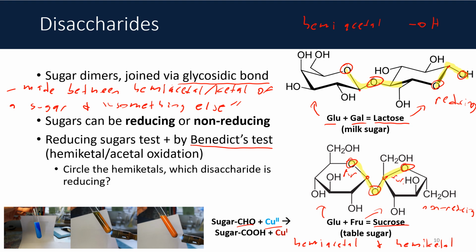So when you heat them, they're going to undergo a redox reaction where the copper is going to oxidize that aldehyde into a sugar acid, and in turn that's going to produce the red-colored copper 1. So that is why we call that a reducing end, because it has the capacity to reduce copper 2 to copper 1.